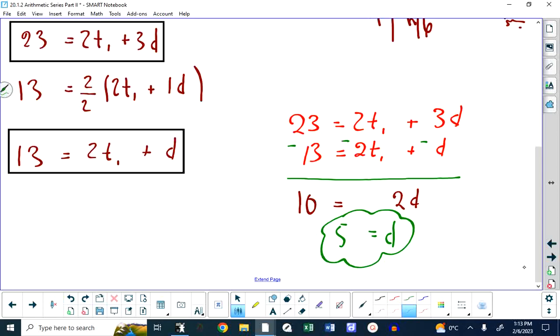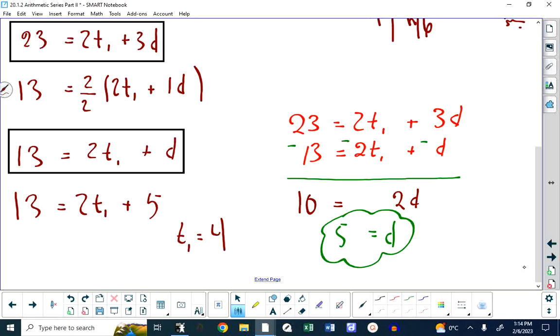I'm going to use this bottom one here because it's just sitting right there and I got some room. 13 equals 2t1 plus 5. This should be child's play. Take 13 and subtract 5 and then divide the result by 2. And I want to say that you get t1 equals 4. Do you get 4? Okay.